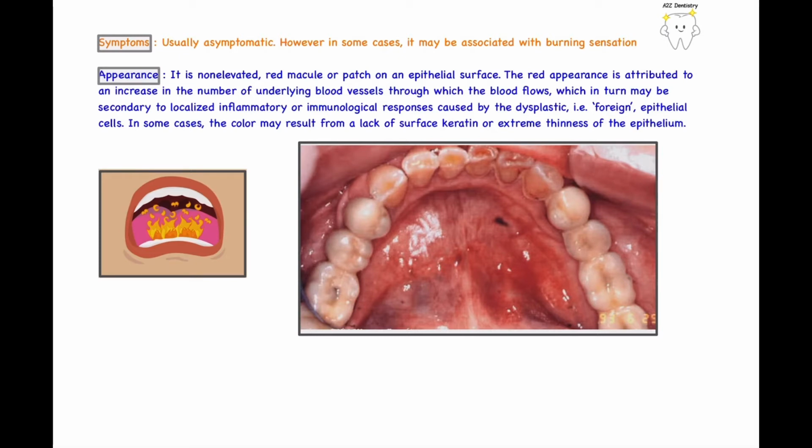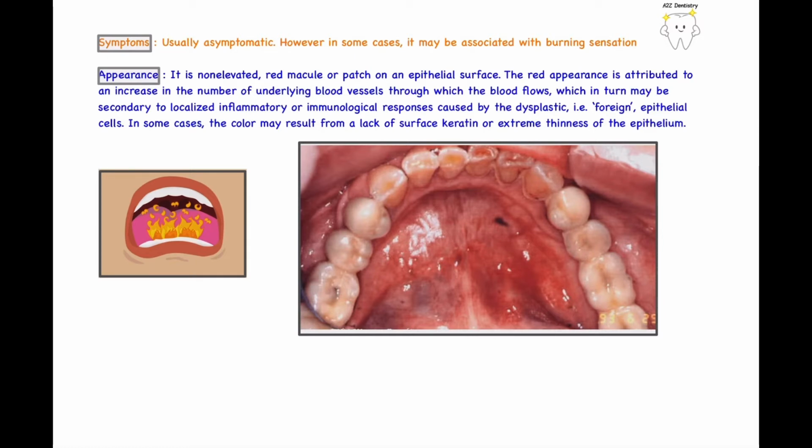The first one is mainly because of the increase in the number of underlying blood vessels. The second reason is any kind of secondary or localized inflammatory reaction occurring within the cells. The third one is any kind of immunological response to the dysplastic activity going on within the epithelium.